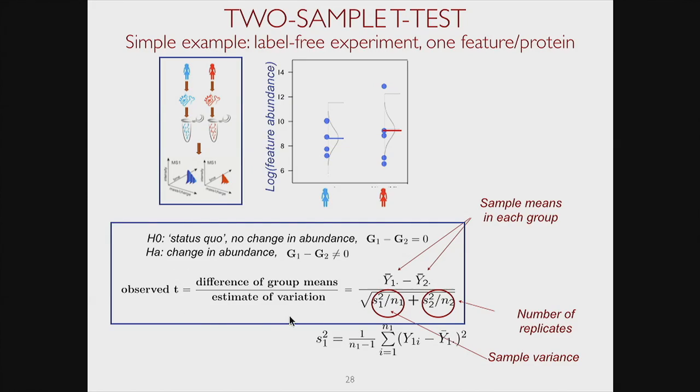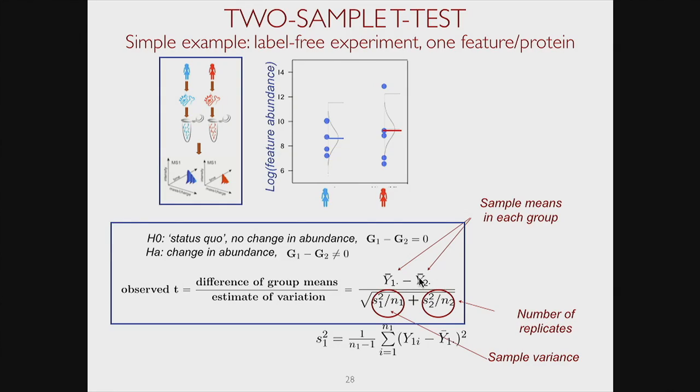So what we will do, we will calculate a quantity which we call a test statistic, which essentially is a signal-to-noise ratio. The signal here is the difference between the group means. So we'll have the mean of the log intensity for the healthy minus the mean of the log intensity for the disease. And the important part is the noise. The noise is the estimate of variation associated with this difference in means.